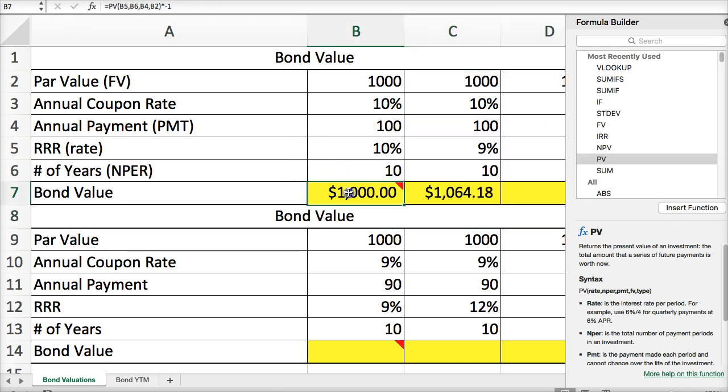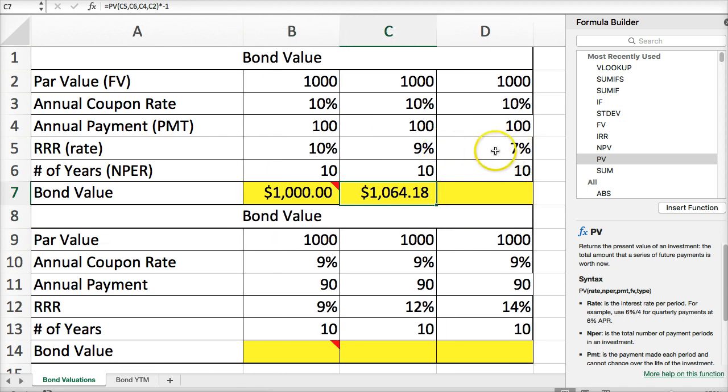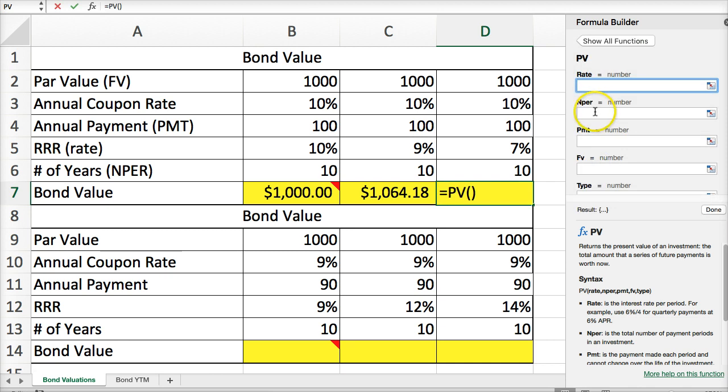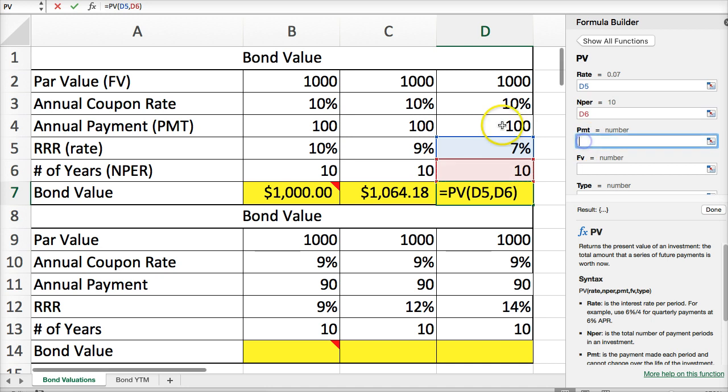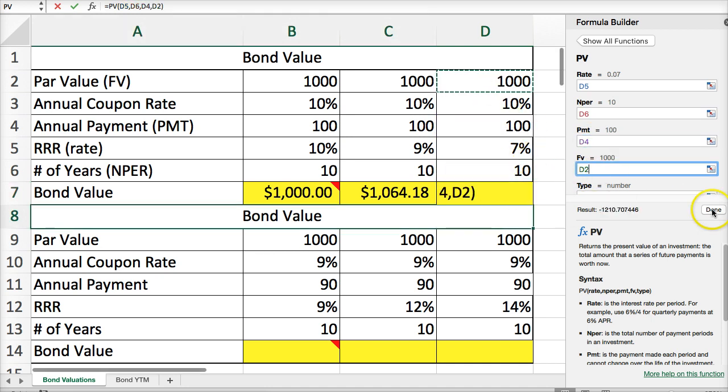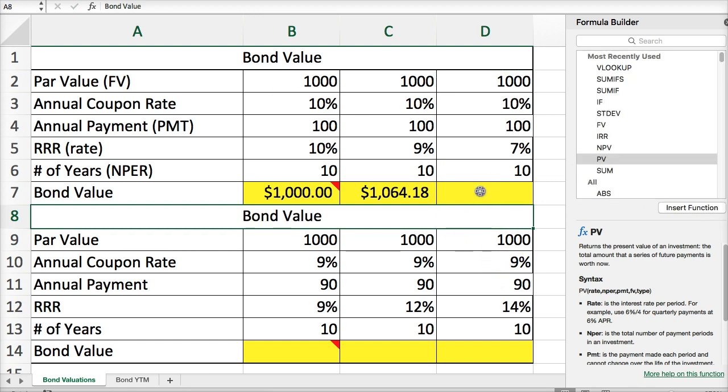Okay, so we see that the bond value goes up. So now if we discount it even further down to 7%, we should see the bond price go up even more. Let's try that again.